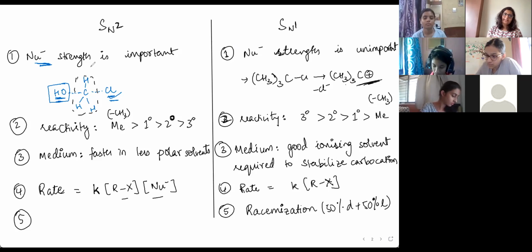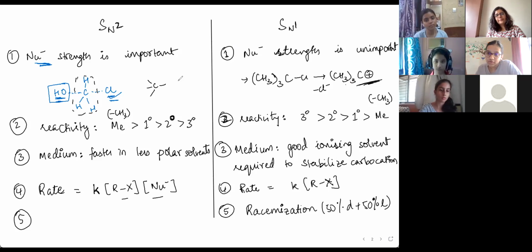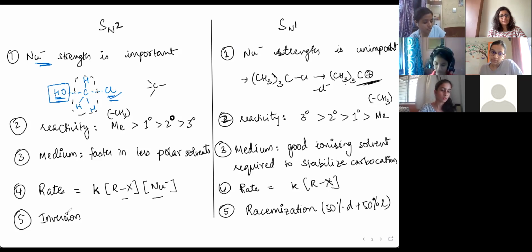Now, what is the case in SN2? Walden inversion, yes, so this will result in inversion. That inversion is called Walden inversion, the inversion that you get as a result of an SN2 mechanism.